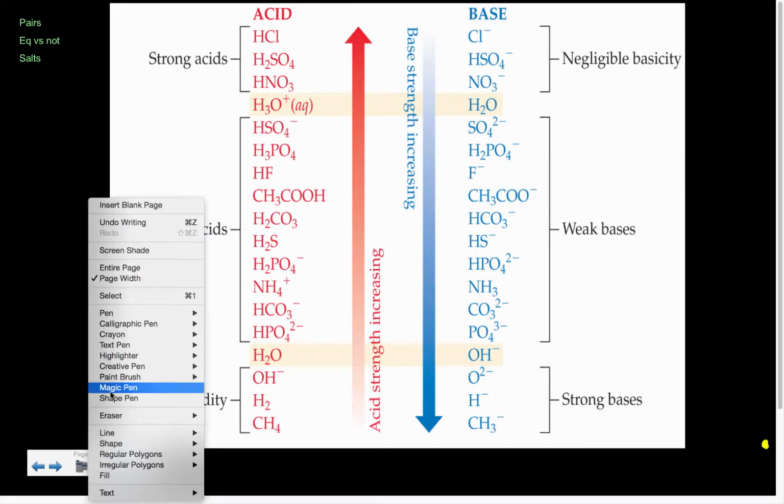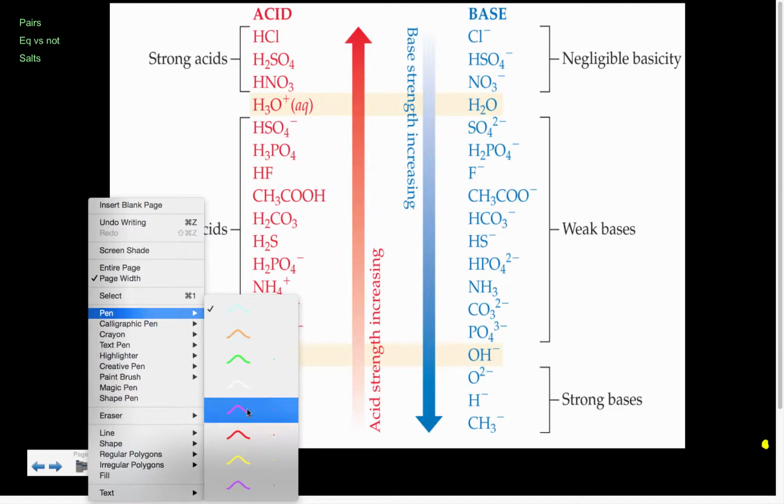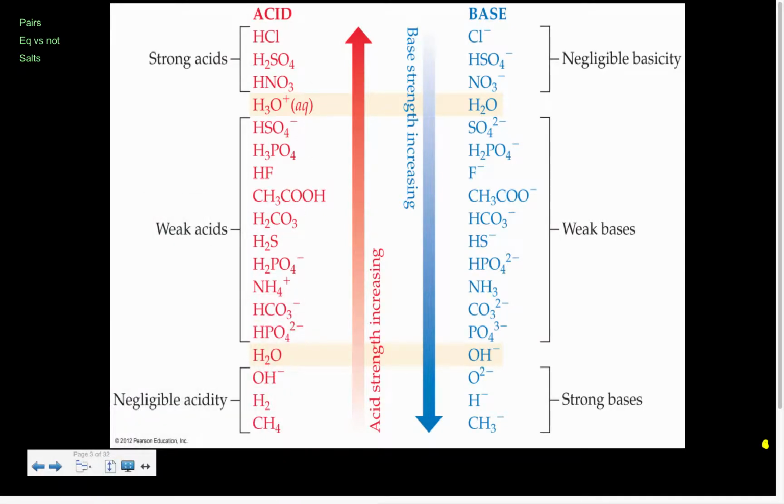Pairs and what it means when something's acidic or basic. So if we take a look here, this is from your textbook, and here we have our strong acids. Okay? Now, if something is a strong acid, by definition, what does that mean about it? Right, dissociates completely. Which means that for any one of these, if I said HCl plus H2O, I would just use a forward arrow, and I would say H3O plus Cl minus, okay?